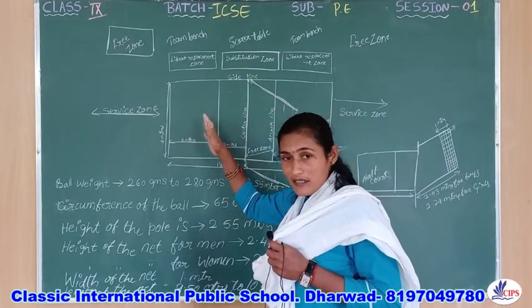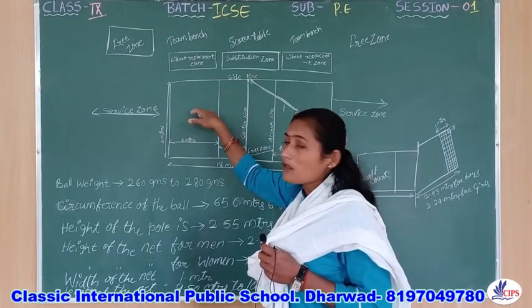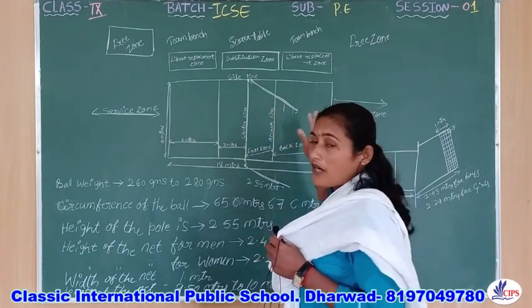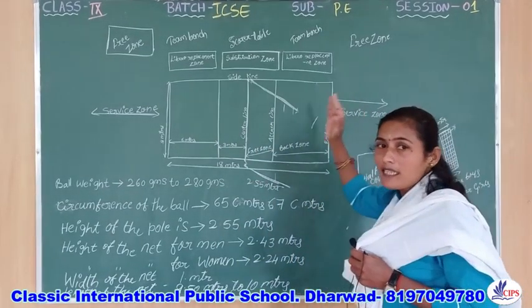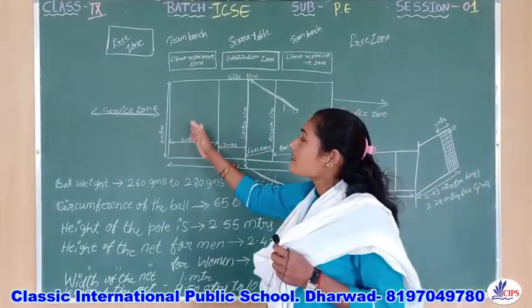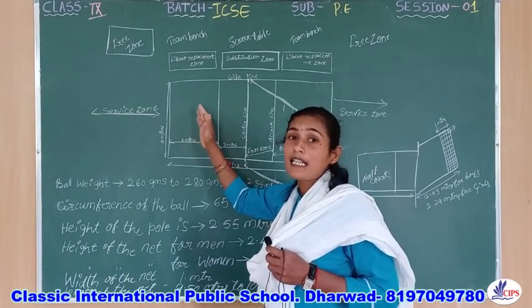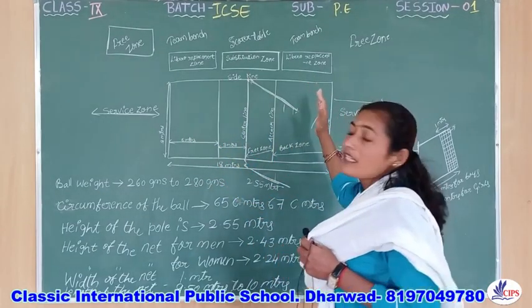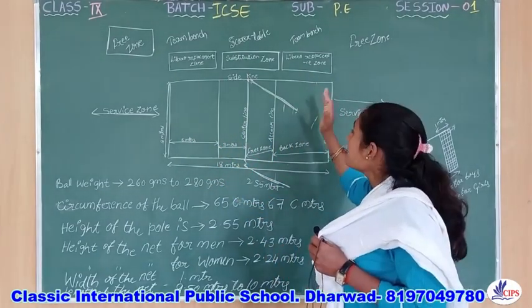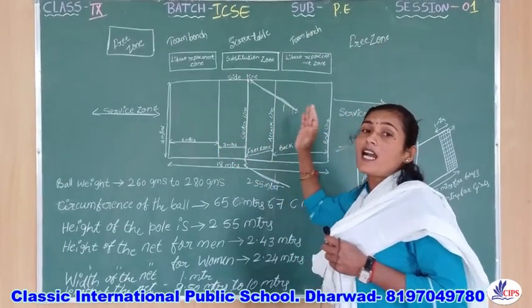If they are not receiving, or if the ball is grounding in this court, this team will get the point. Then what is the meaning of rally? This player serves the ball, and the other side's player strikes the ball legally according to the rules. Again he sends the ball to this side, and again the opponent player sends the ball this side. It is called rally.